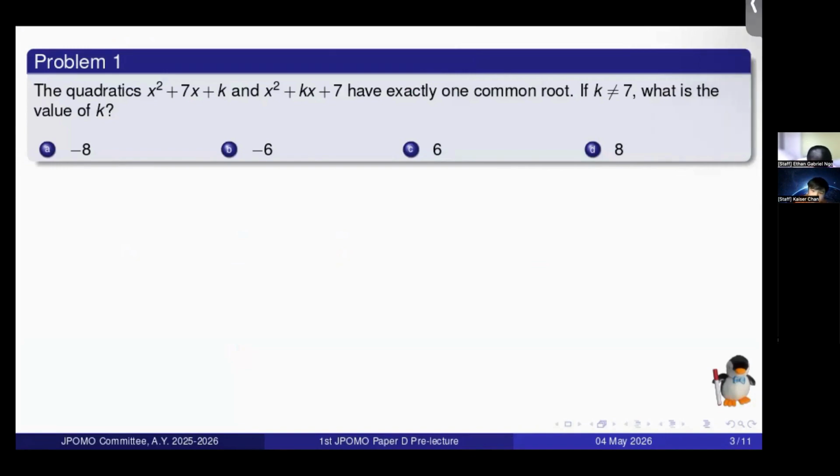So what we can do over here is, okay, so what is the first thing that we need to do? Subtraction.